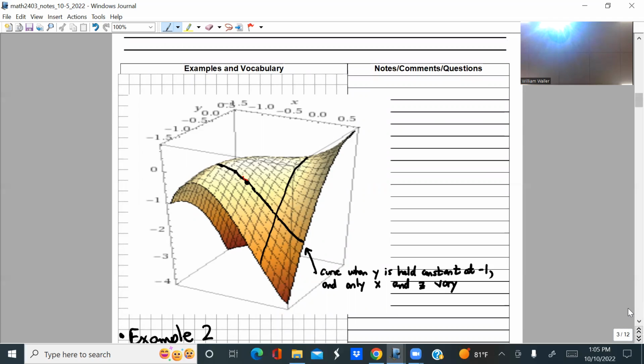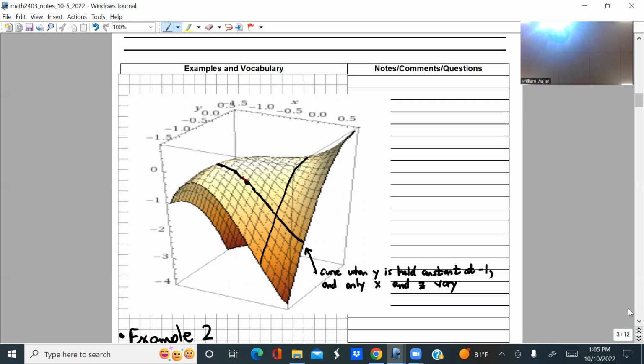I think this is minus 0.5 on the x-axis, so yes, it's downward sloping. What does it mean to say it's downward sloping? As the x value gets larger, the curve is going down. It's going down at a rate of minus 1.25, minus 1.25 units down every time x increases by 1. That's the derivative, the slope. So this curve is down.